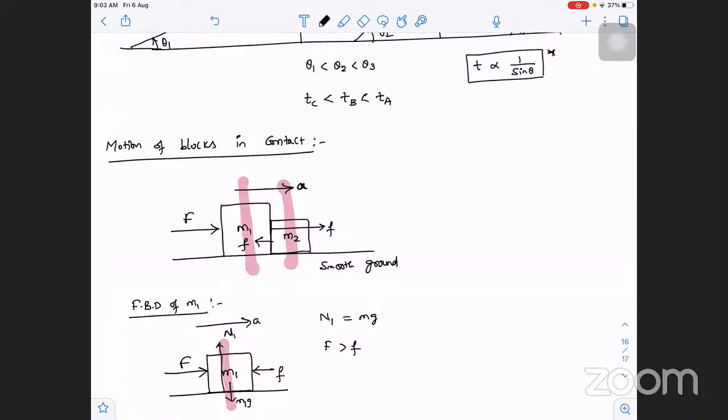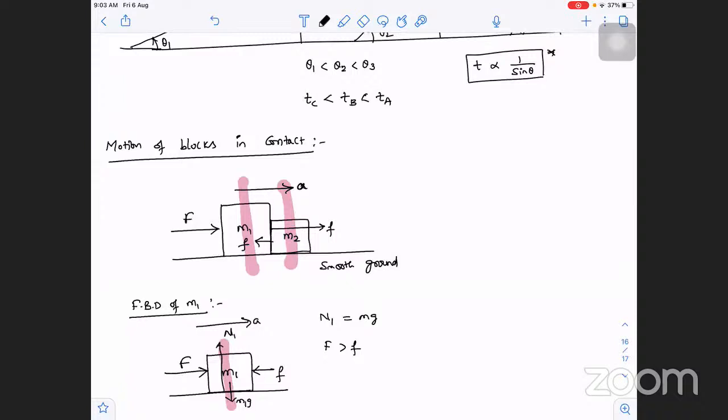If capital F is more than small f, then only the block will move towards the right. Something like in example 2. See example 2 in the notebook, where I have given 30, 10 or something like that. Yes, so these two forces are opposite each other.